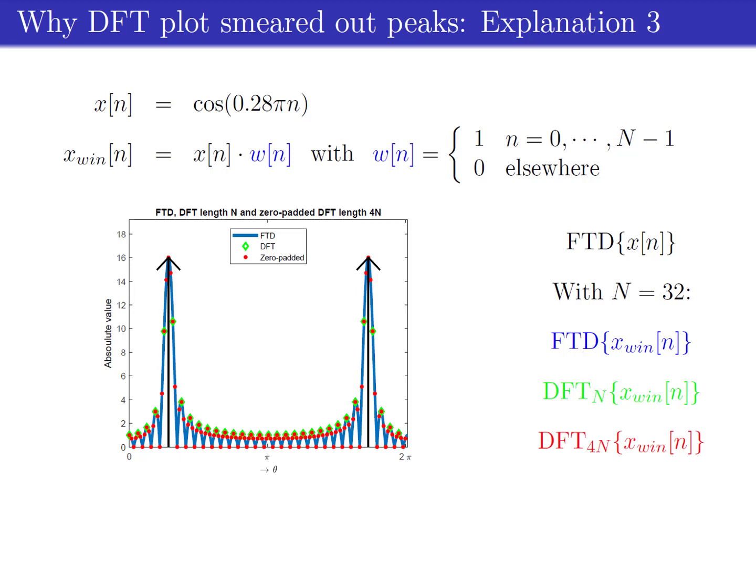By applying zero padding, in this case up to a length of 4N, and calculating the 4N point DFT, the result, depicted in red spots, is a sampled version of the DTFT of x-win, for which the inter-frequency sampling distance has decreased to 2 pi divided by 128. The underlying DTFT of the length N windowed signal x-win is sampled with a finer grid, and the position of the phasor peaks is shown more accurately by the DFT result.